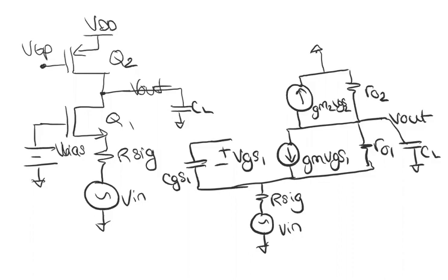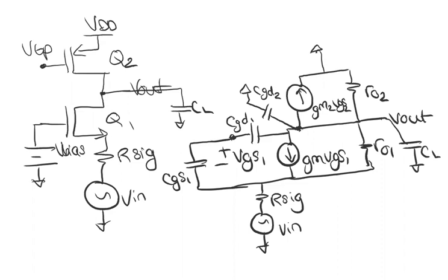We have a gate to drain capacitor for transistor 1, and now we also have a gate to drain capacitor for transistor 2, the PMOS device, but the gate of the PMOS device is ground because it's a DC voltage. So CGD2 is actually a capacitance from the drain node and the output node to ground.